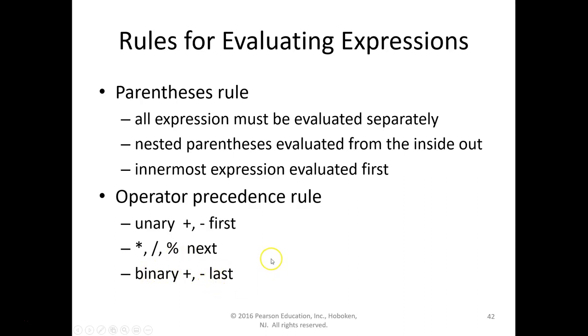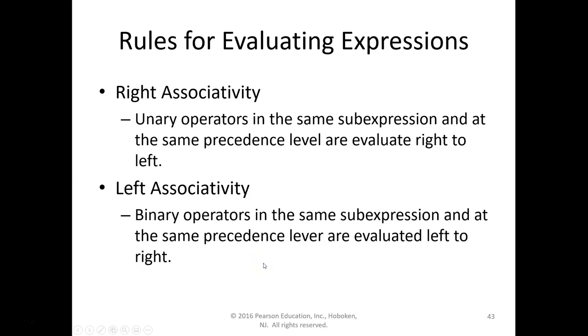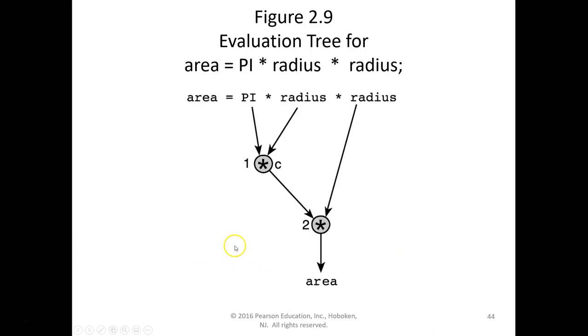But I always tell students it's good to use brackets so that you decide what the rule should be instead of letting the computer decide. So you have right associativity and left associativity. Okay, unary operators in the same sub-expression and at the same precedence level are evaluated right to left. And then this one is the left associativity, binary operators in the same sub-expression and at the same precedence level are evaluated left to right.